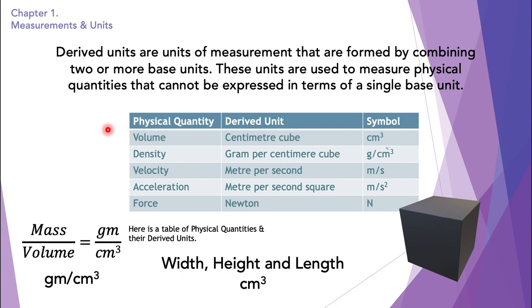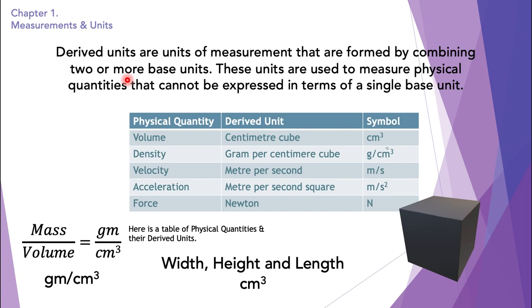So, derived units are units of measurement that are formed by combining two or more base units. These units are used to measure physical quantities that cannot be expressed in terms of a single base unit. And here is a table of some physical quantities and their derived units.